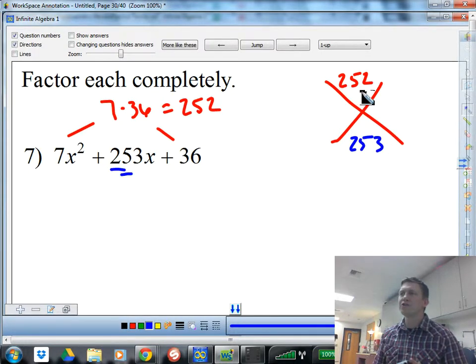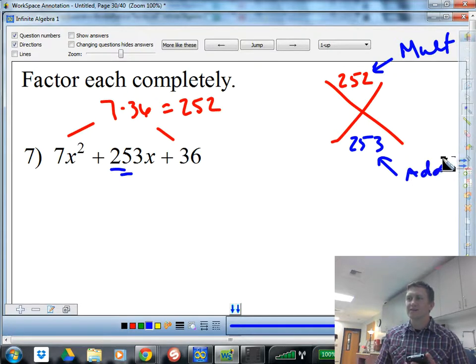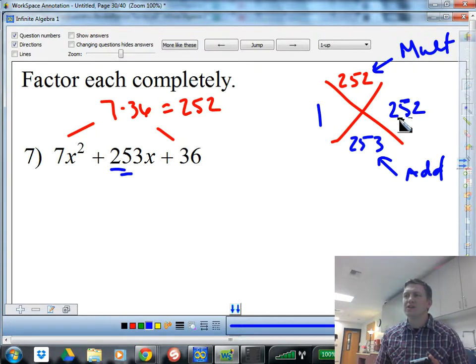Goes right here. So I want two numbers that multiply together to give me this, and those same two numbers add together to give me this. Well, that makes sense. 1 and 252, right? So 1 times 252 will multiply to give you this and add to give you this.